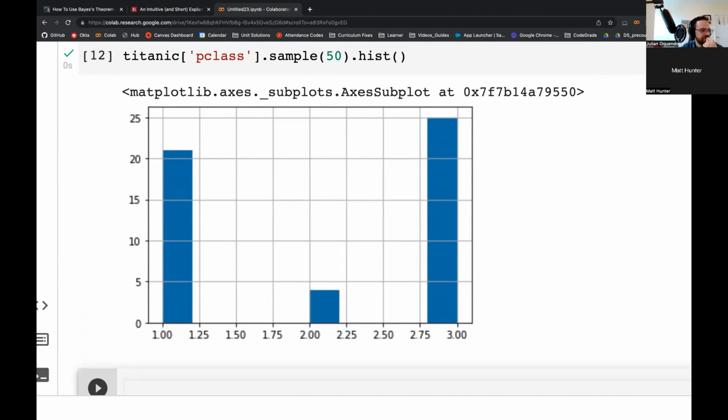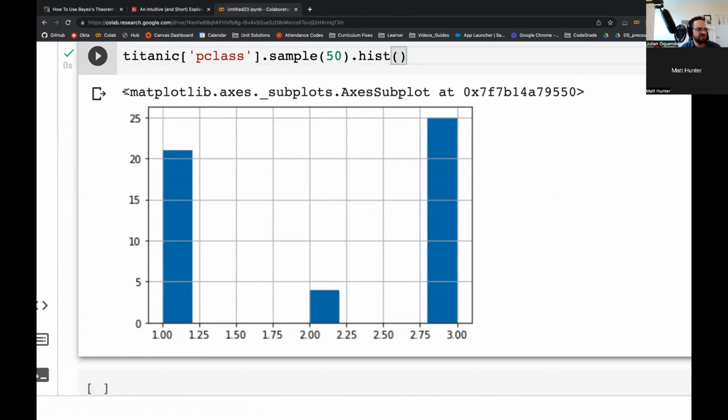But if I were to take 50 of these samples, and if I were to take many samples of this, say I want to do multiple samples. So this is my first sample.